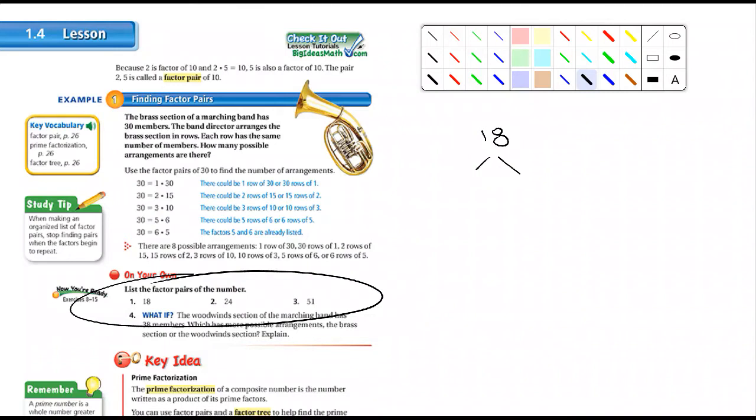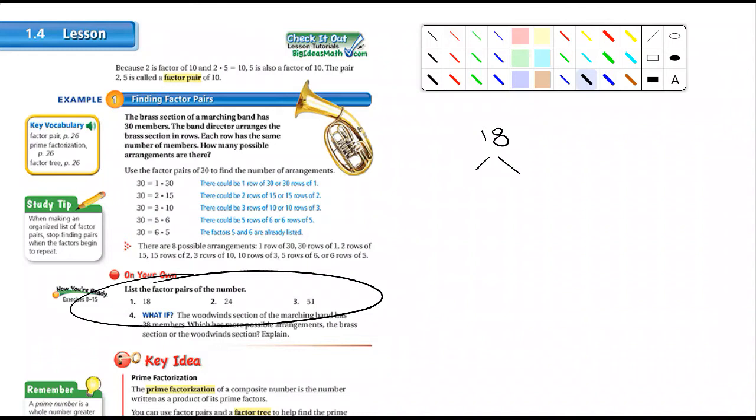I think maybe 1 times 18. 1 times 18. So whenever you do prime factorization, you would never use 1 and the number itself. It has to be 2 other numbers.